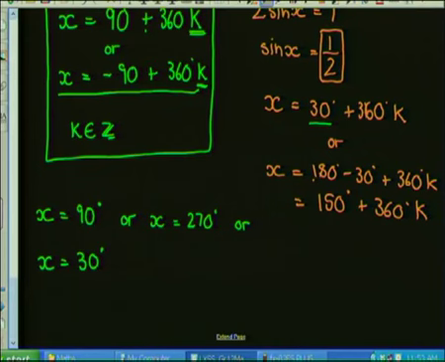We move on to our next one, where x is equal to 150 degrees. And if we start off by substituting 0 into the value of K, we would get 0 plus 150. And because 150 falls within the interval we were given, we would then write or x is equal to 150 degrees. We then follow the same procedure: substitute 1, that would give us a value out of the interval.